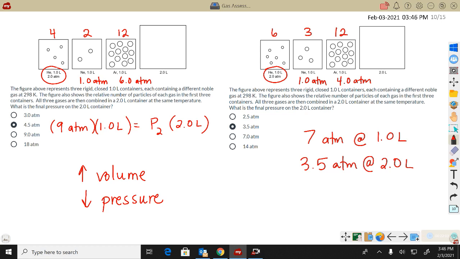For a total of 7 atmospheres if I put those 3 gases in a 1 liter container. But if I add them all to a 2 liter container, the pressure would be half. Tricky. But great questions. Understanding the concept of pressure being dependent on number of particles, and then the relationship between pressure and volume. It's like a meaty question, isn't it?